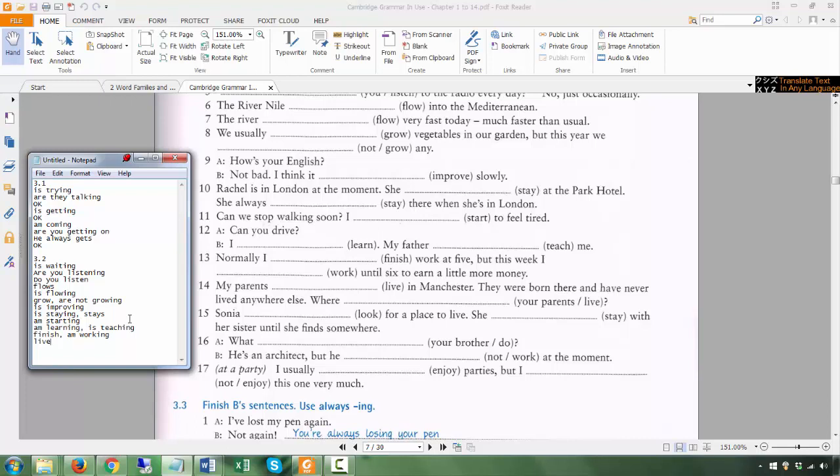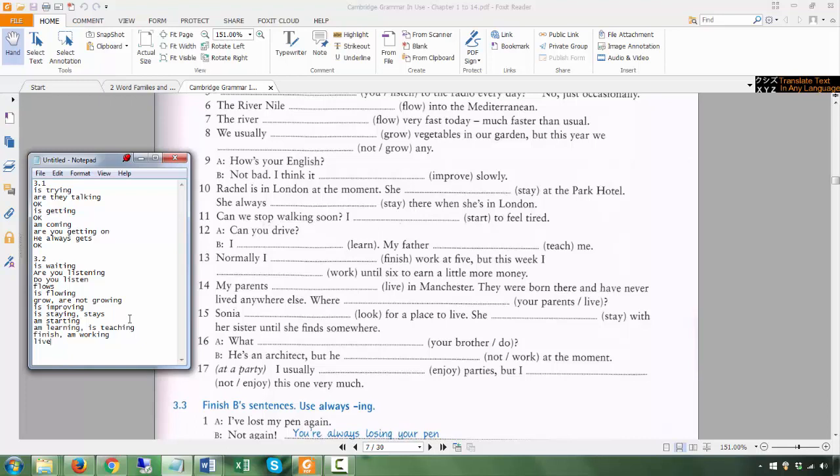My parents live in Manchester. Sometimes you can put are living, the present continuous. It really depends on the way you look at it. Sometimes you can use both, because nowadays people travel a lot, so they live here for 2 years, and maybe after that they'll move around. The next 3 years they'll live in another country, so it's different. But before, if you lived somewhere, you lived there pretty much your whole life.